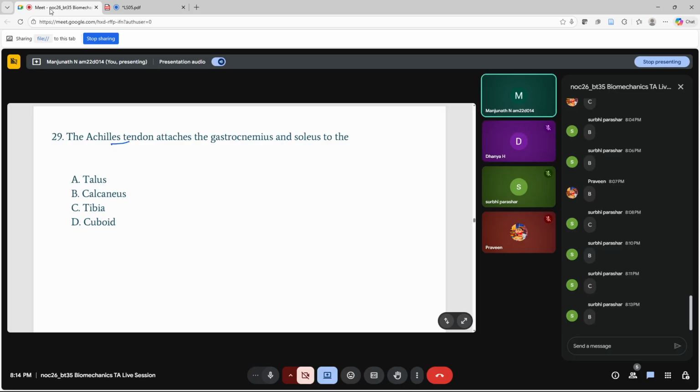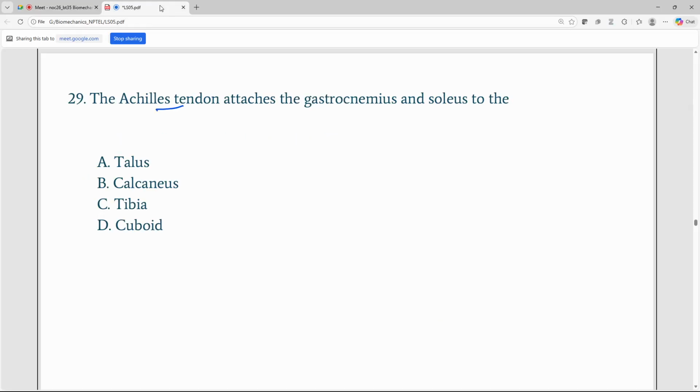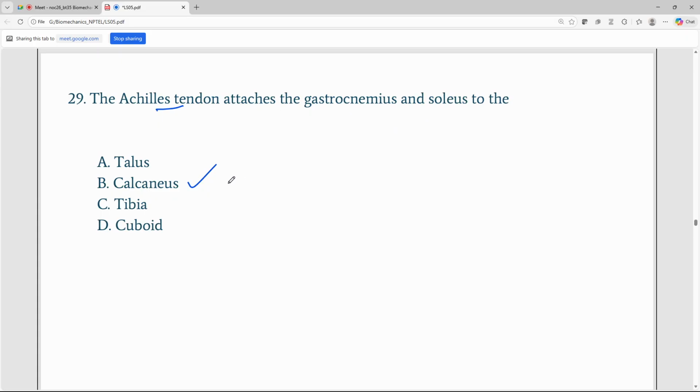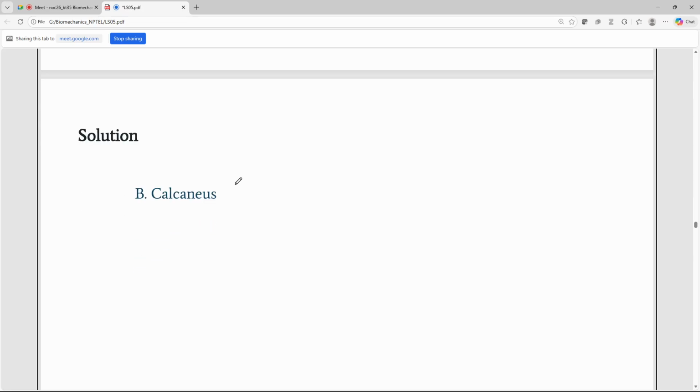Our answer is option B, calcaneus. The Achilles tendon attaches gastrocnemius and soleus to the calcaneus.